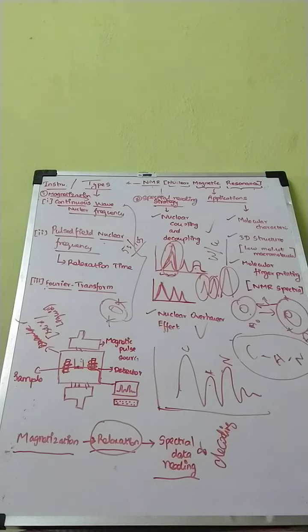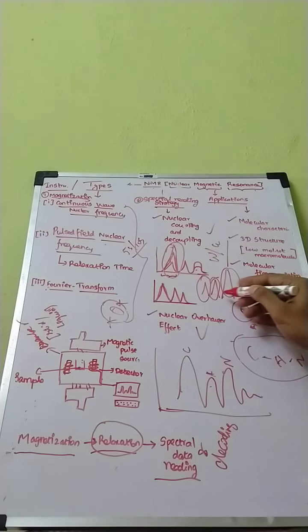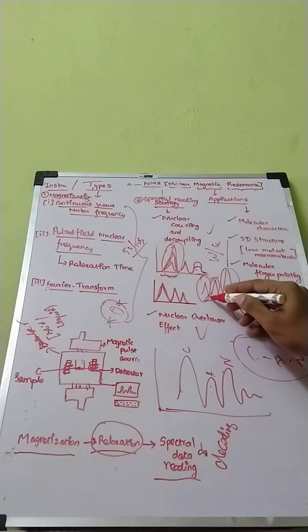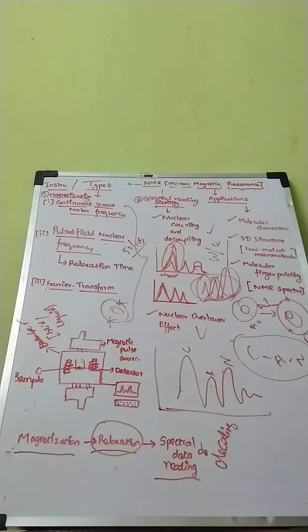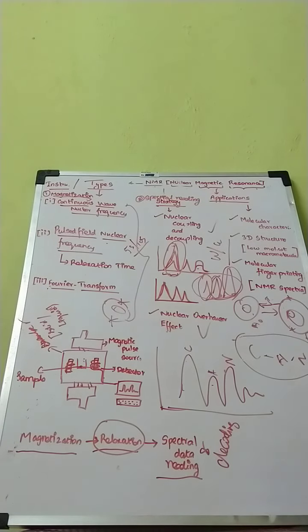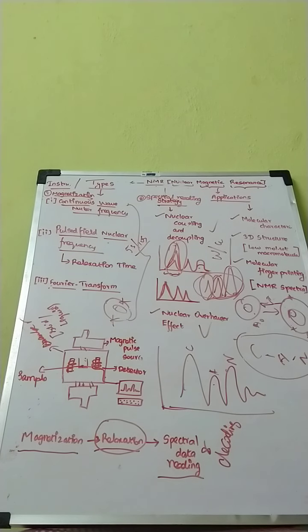This separated information is again studied, and the order will be deciphered. Then you will be integrating once again. This cyclic decoupling and coupling is what we call nuclear coupling and decoupling in decoding the NMR spectral information.